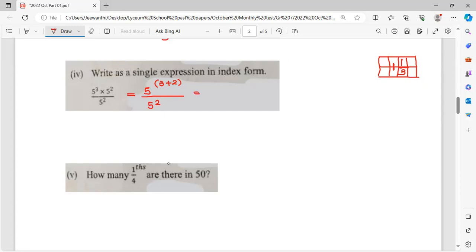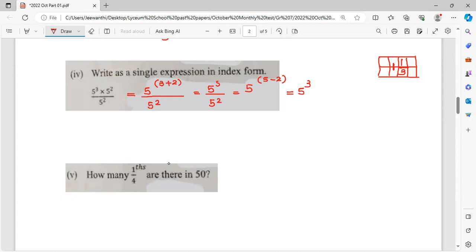So then here 5 to the power 5 divided by 5 to the power 2. And then you write 5 to the power 5 minus 2. Then you write the answer 5 to the power 3. That is one method. Okay.